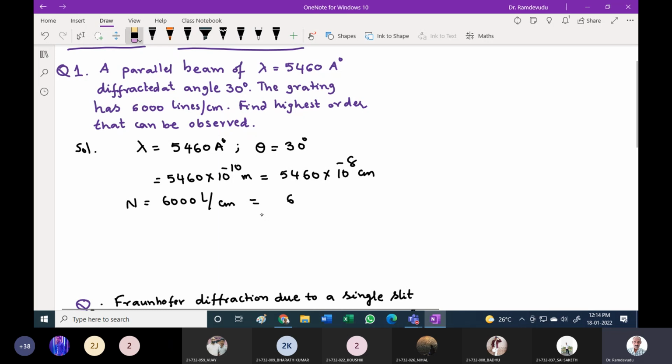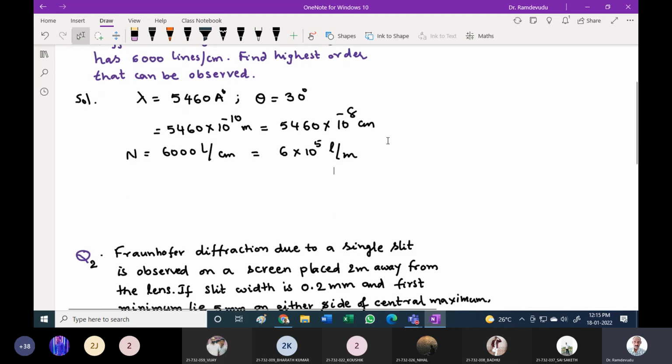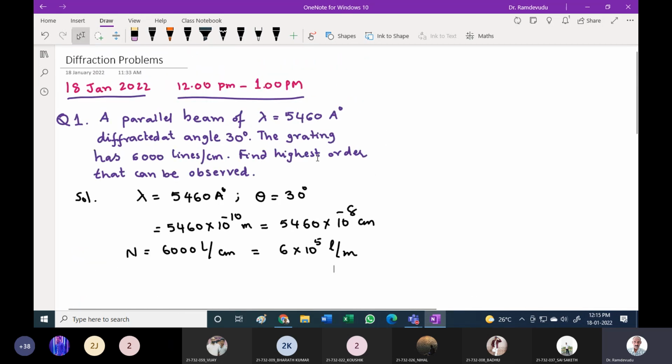And the angle is in degrees, but better you convert everything into SI units. So converting, you can write 6 into 10 to the power 5 lines per meter. The diffraction angle is in degrees, as you know, which is in SI unit. Therefore, I'm using all SI units.